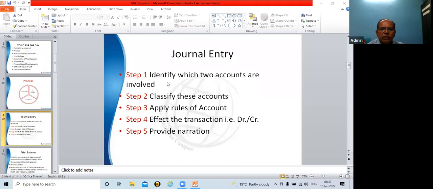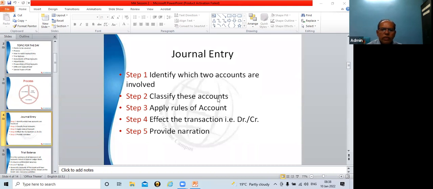Now, we have identified the first step. I'm going very slow purposely so that everyone should be with me. Now we are following the second step: classify these accounts. Classification means we know there are three accounts: personal account, real account, and nominal account.